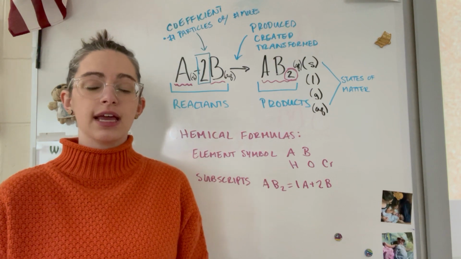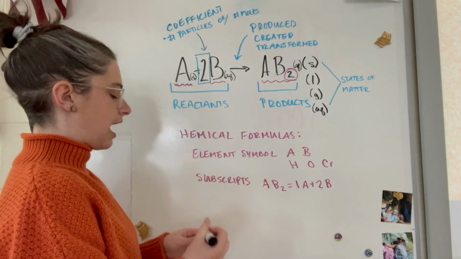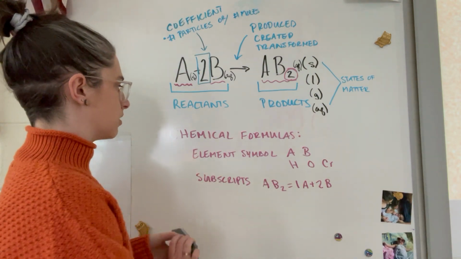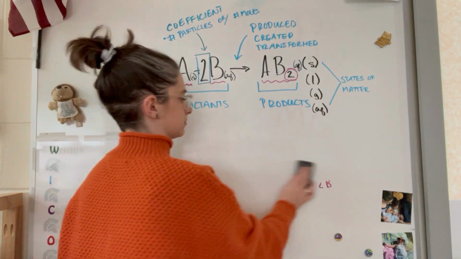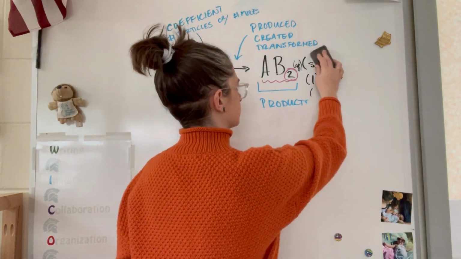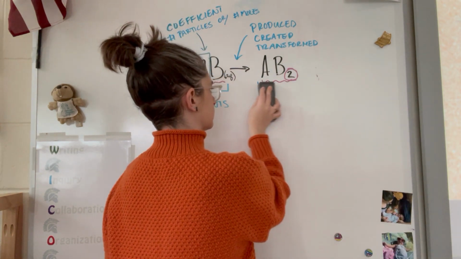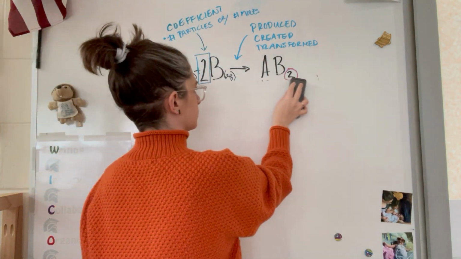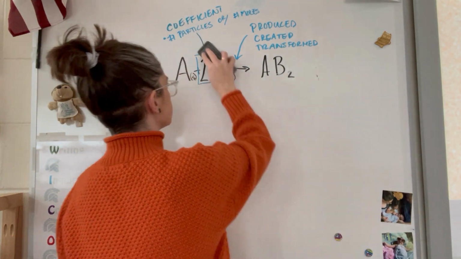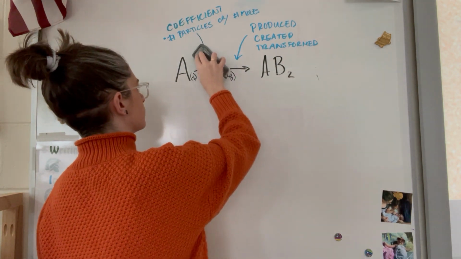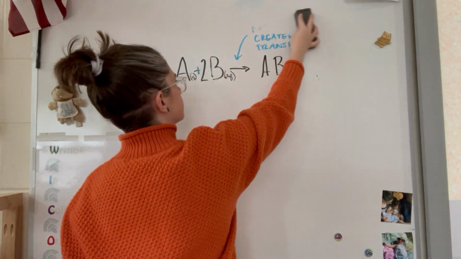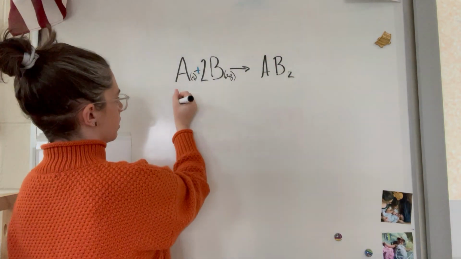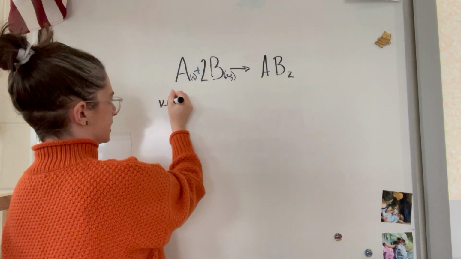The last piece to this is another way that we can represent our reaction equations, which is using particle diagrams. So I'm going to take a minute and erase these pieces. In my particle diagram, I'm gonna have a key.